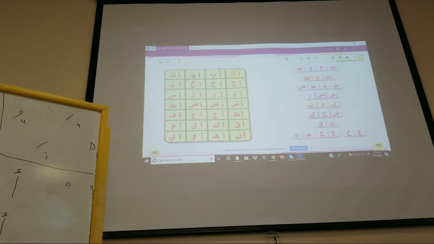So alif, ta, t, tha, th. See the beginning of the name. That's one way they visualize it to help you practice.